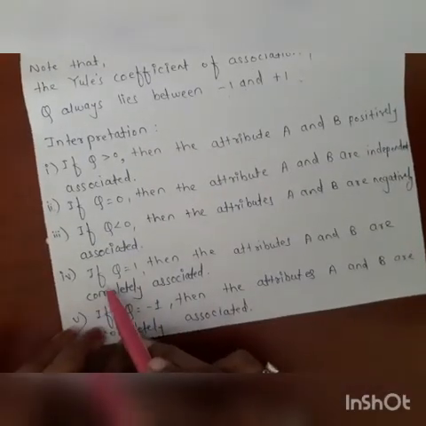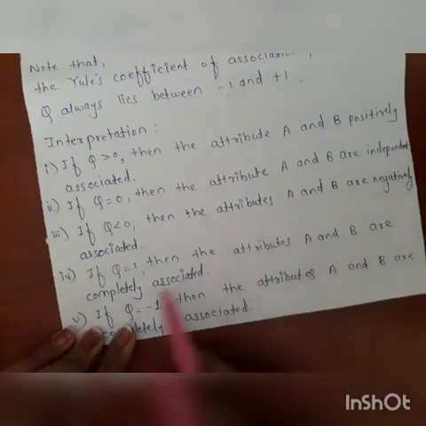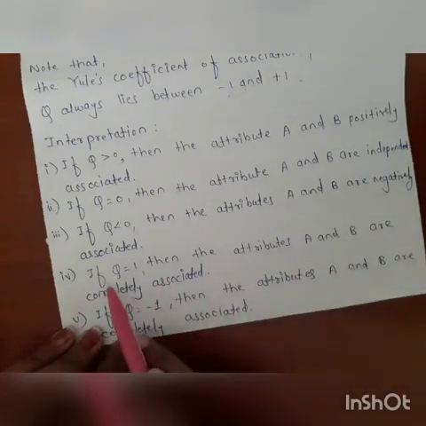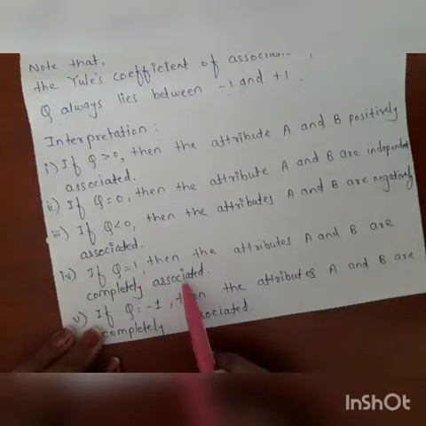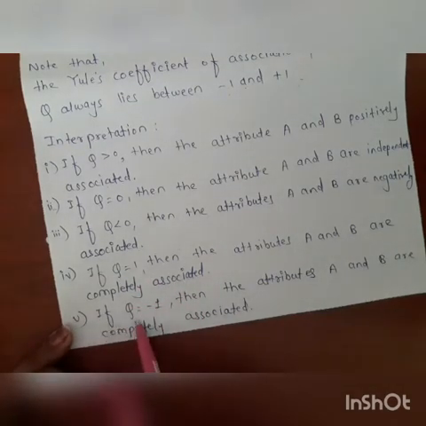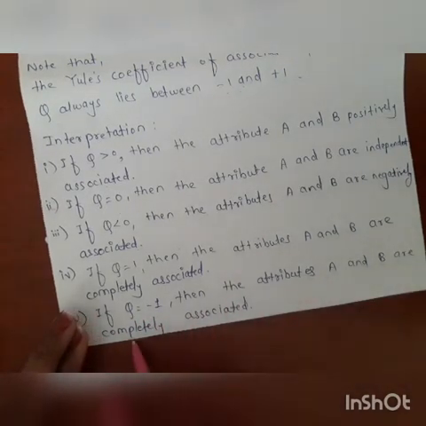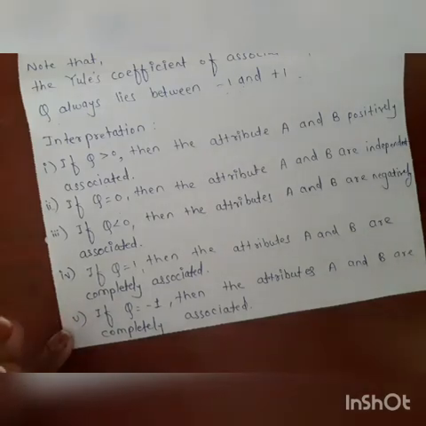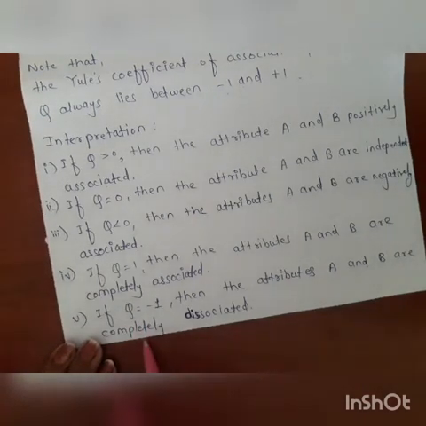Fourth, if Q is equal to 1, then A and B are completely associated. Next, if Q is equal to -1, then A and B are completely dissociated.